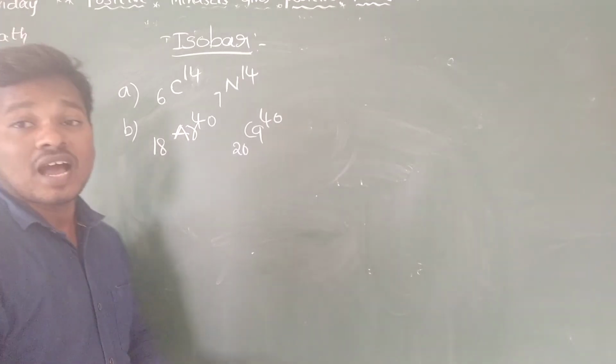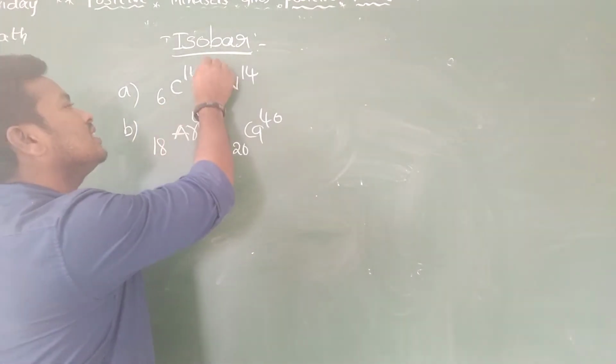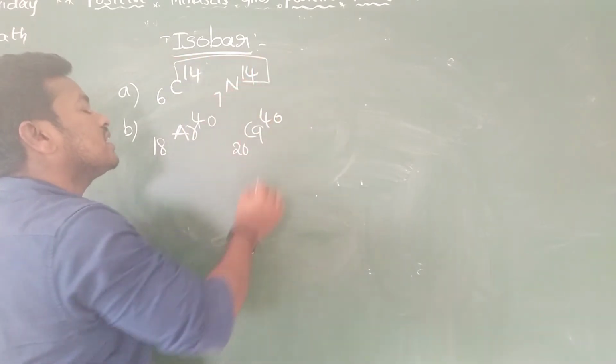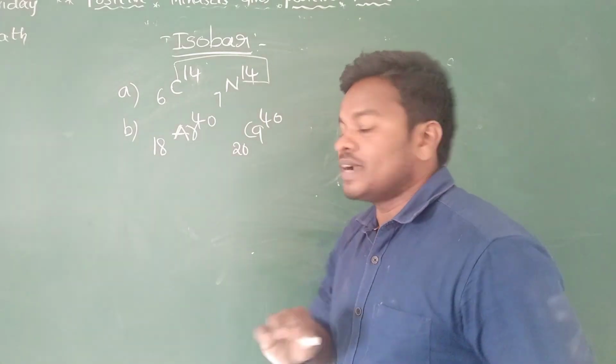So the next one is isobar. In isobars, only the mass number is the same, but they are atoms of different elements, like carbon and nitrogen, which are different atoms.